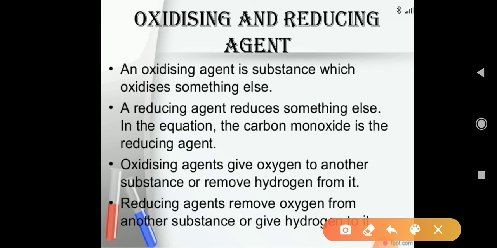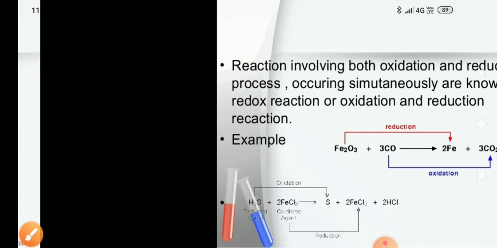Now, as we saw earlier, in a redox reaction oxidation takes place and reduction also takes place in the same reaction. So the species or reactant whose oxidation takes place is called a reducing agent, and the reactant whose reduction takes place is called an oxidizing agent. Okay, so we can see an example.